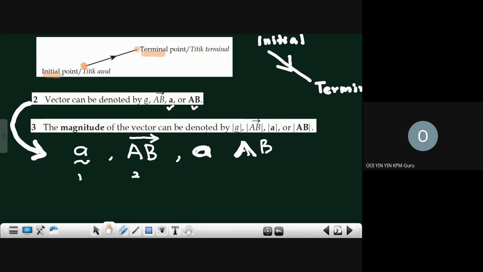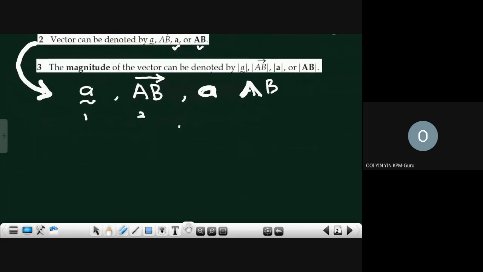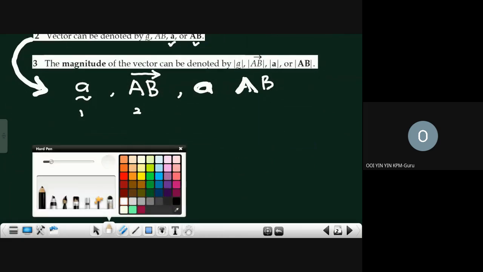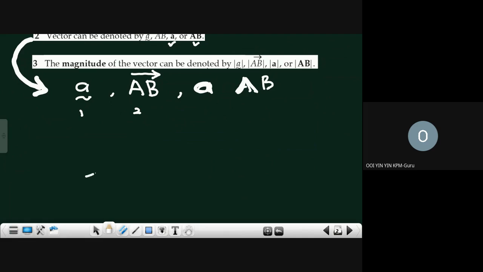So how do we represent it? I'll tell you it's like this. We start with the line just now, and let's say this is the direction. Starting at the initial point, let's label it A, and here we label it B. If you want to represent this vector, we can write A B with an arrow like this, like number 2.